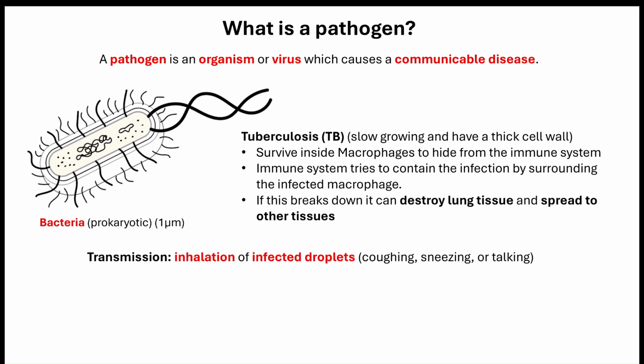So the important thing for you to note when it comes to TB is how it's transmitted. The transmission is through inhalation of infected droplets. Coughing, sneezing, or talking could obviously result in the pathogen being transmitted.